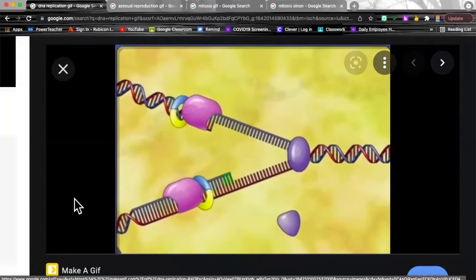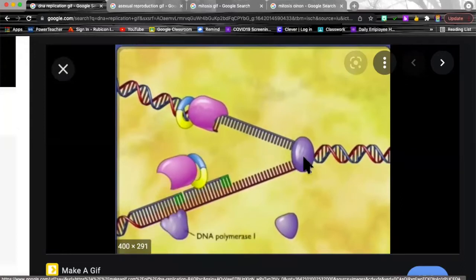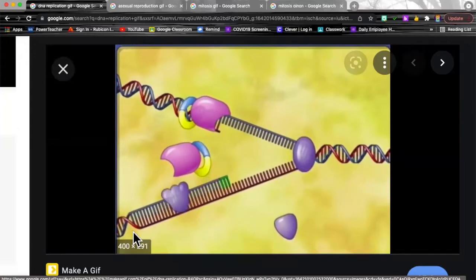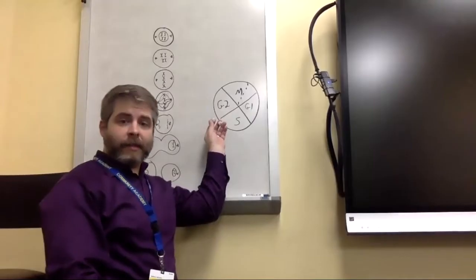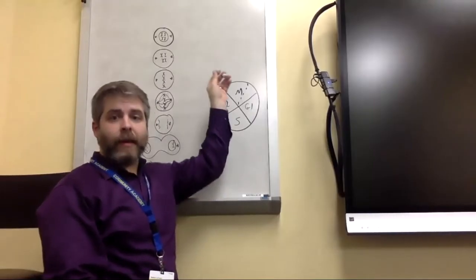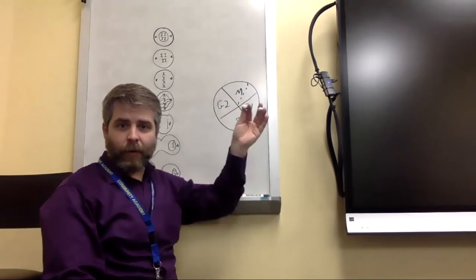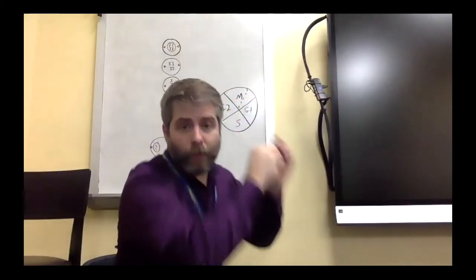And DNA synthesis again, where one strand of DNA becomes two strands of DNA. And then the cells grow a little bit more. And then M phase again, they both go through reproduction, where we now have four brand new cells. And they're going to go through it again, over and over and over again.